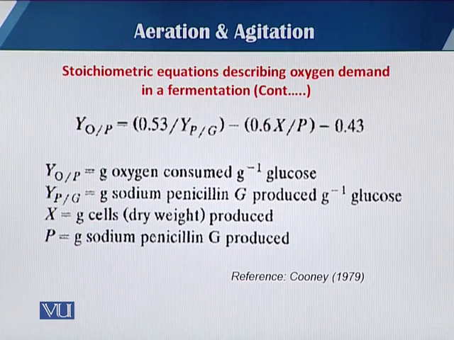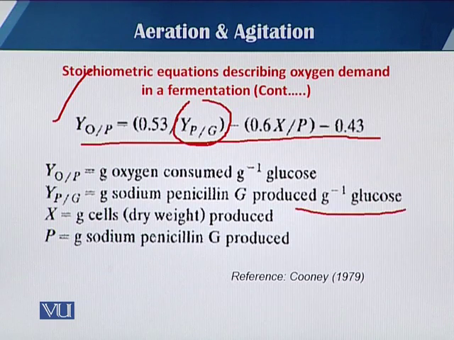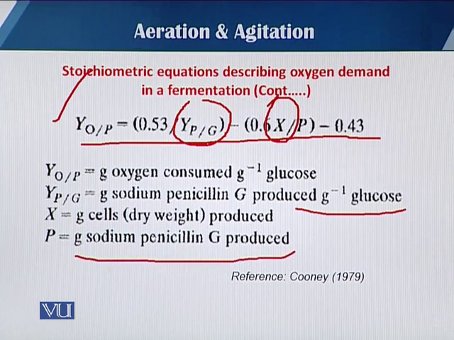Here YO over P is the oxygen in grams consumed for 1 gram of glucose, and YP over G is the gram of sodium penicillin, because Kone in 1979 reported this equation while producing penicillin G. Capital X is the grams of cells produced during the fermentation process, and P is the overall yield of the penicillin.